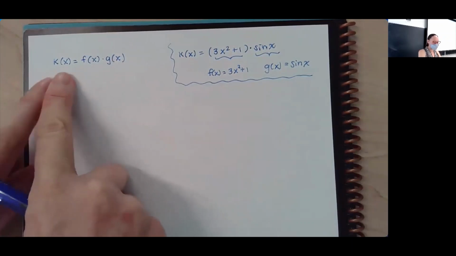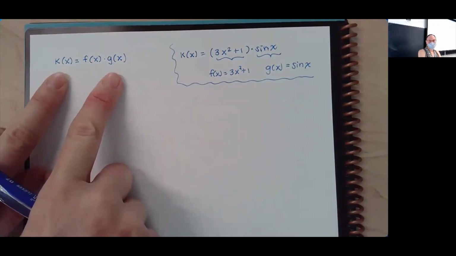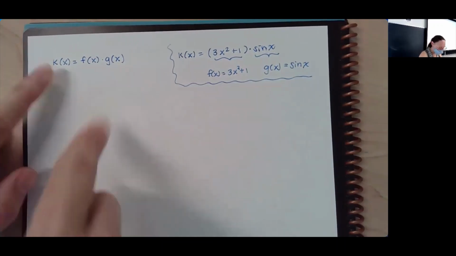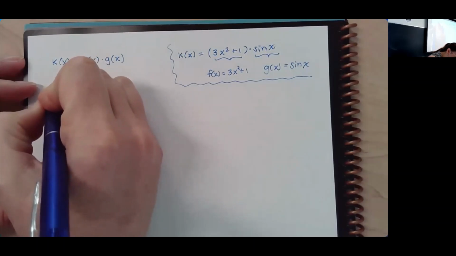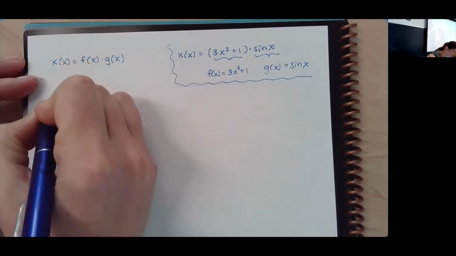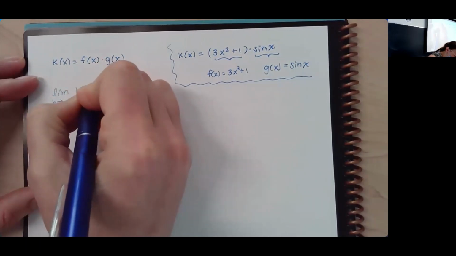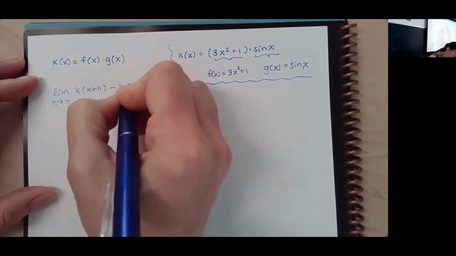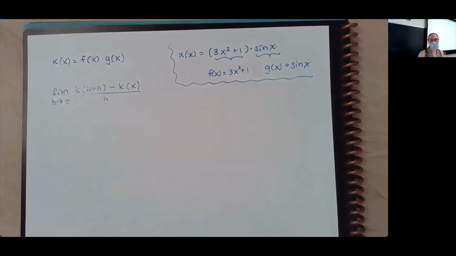So generically, this is going to be my function k of x, f times g. In terms of our limit definition of the derivative, I'm going to be looking for the limit as h approaches 0 of k of x plus h minus k of x all over h.